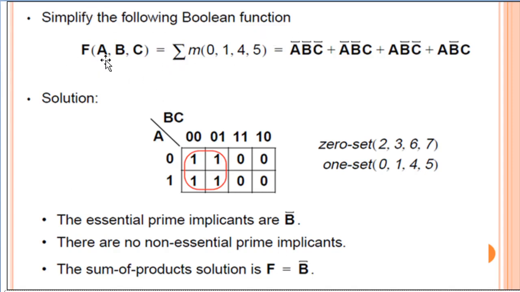This function has three variables a b c, and this summation sign represents SOP, that means sum of products, with terms 0, 1, 4, 5.